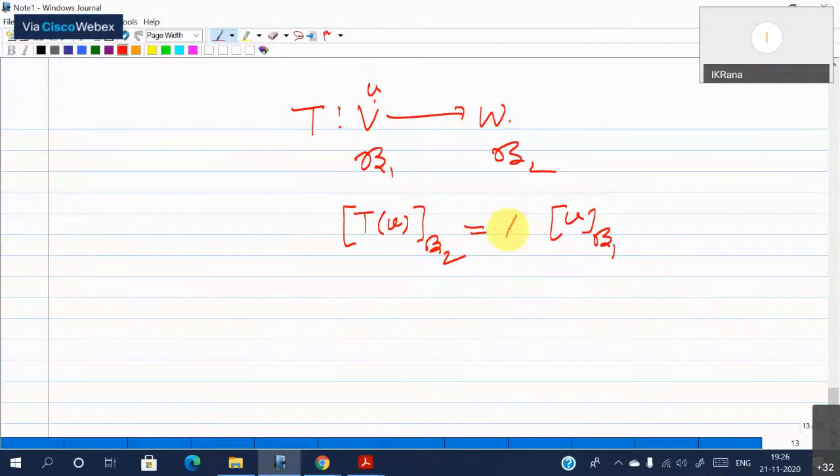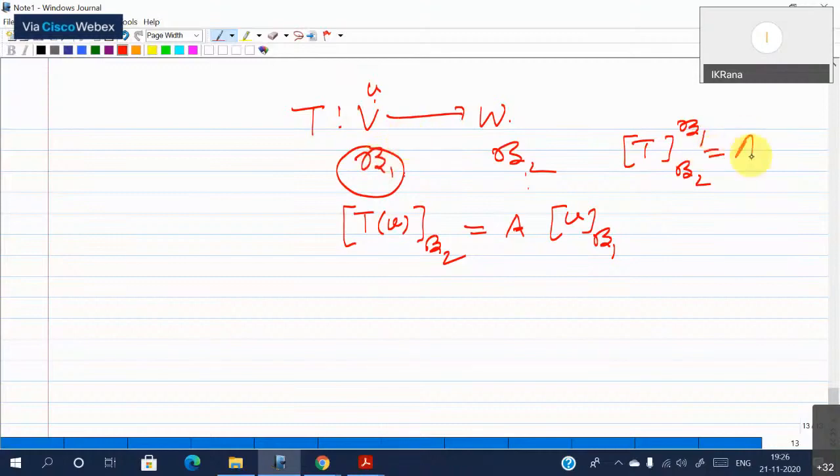So you want to write the matrix here. The matrix of T should be with respect to basis B1 here and with respect to B2 here, right? Because that is the basis here, that is the basis here. So the matrix of T will be with respect to the basis here.